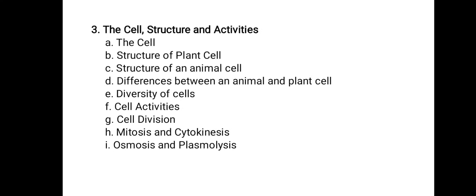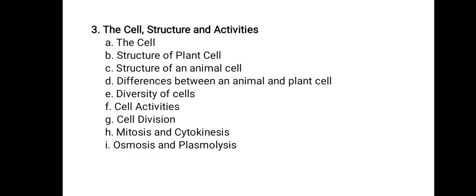Then in Unit 3, we will discuss the cell of living organisms. We will talk about their structures and activities. So in the A part of it, we'll talk about just the cell. In the B, we'll talk about the structure of plant cell. And then C, structure of an animal cell.